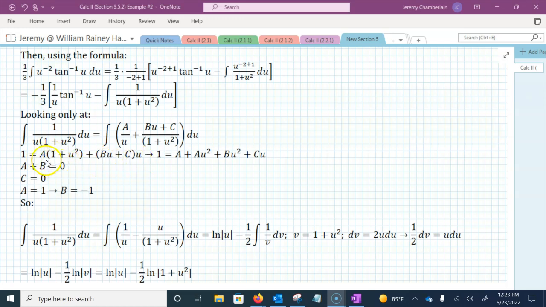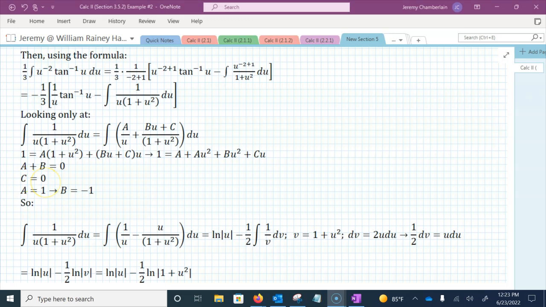If I expand this out, I'm going to have A plus Au squared, and Bu squared plus Cu. That all must equal 1. So that means A plus B, which are the coefficients on u squared, must be 0, because there are no u squared terms here. Similarly, the coefficient C has to be 0, because there's no u term over here.